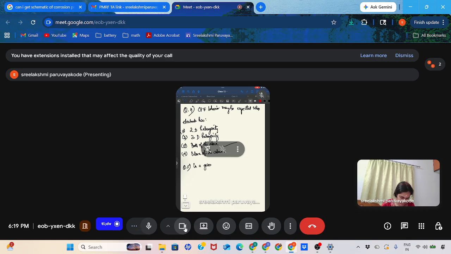In a given system, EIS was acquired at different DC potentials.